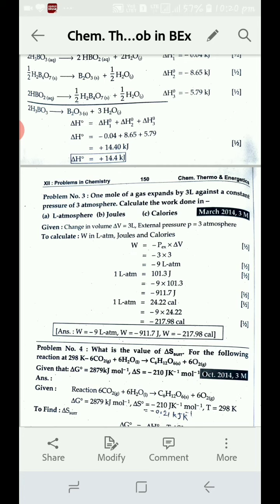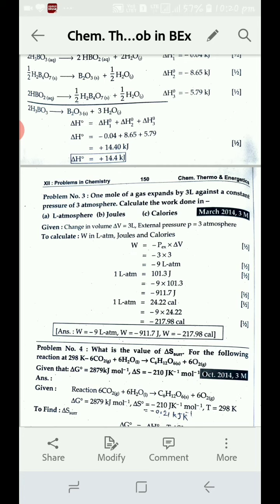Gibbs energy is written in kilojoule per mole and change in entropy is given in joule per Kelvin per mole. So don't forget to convert the change in Gibbs energy to joule per mole, or convert the entropy to kilojoule. Both the units should be the same.